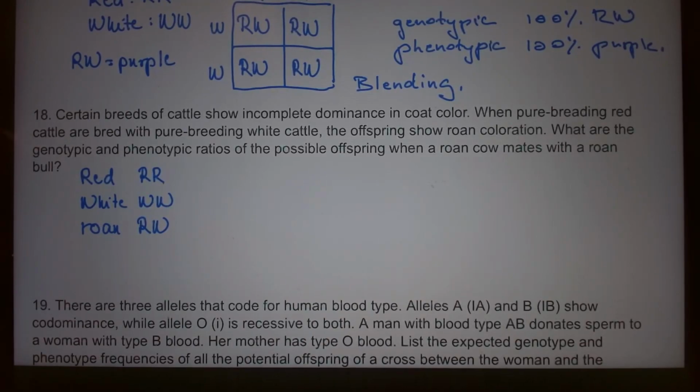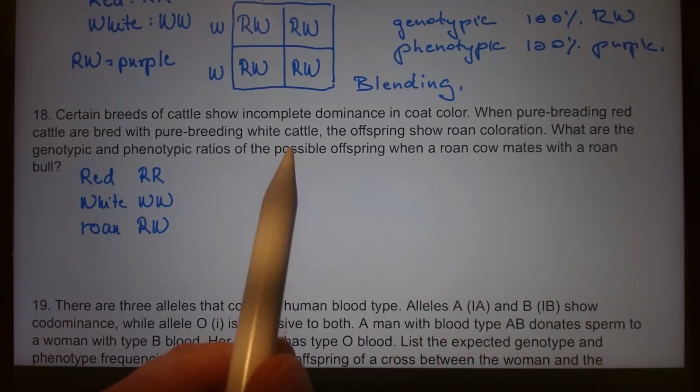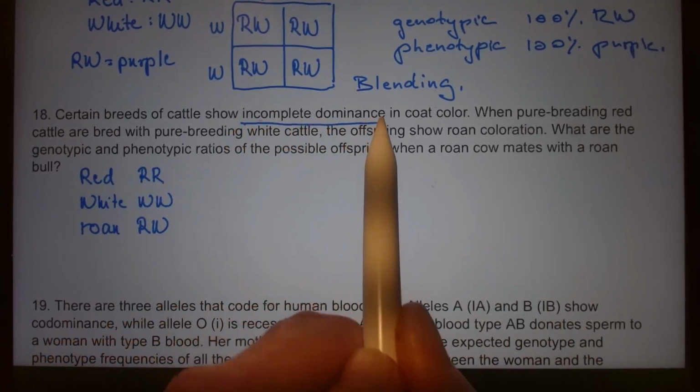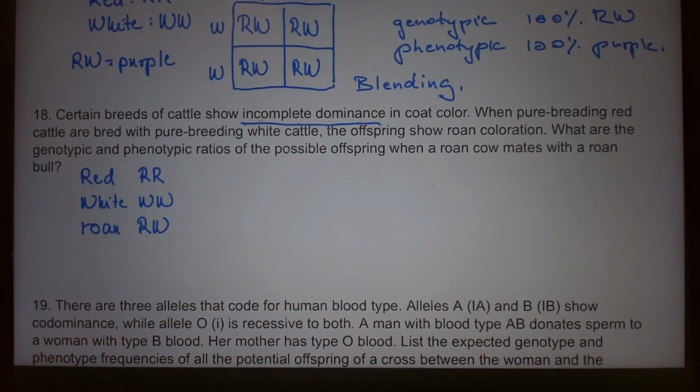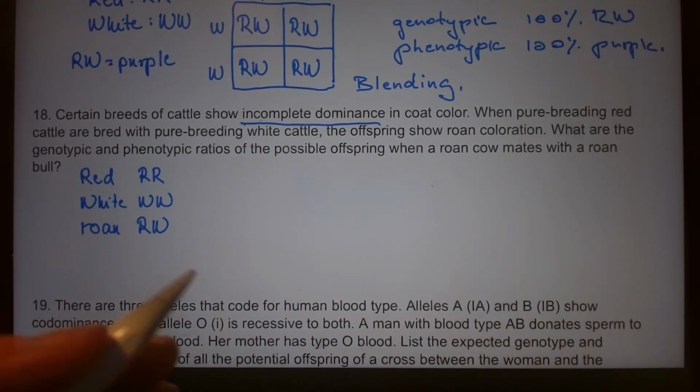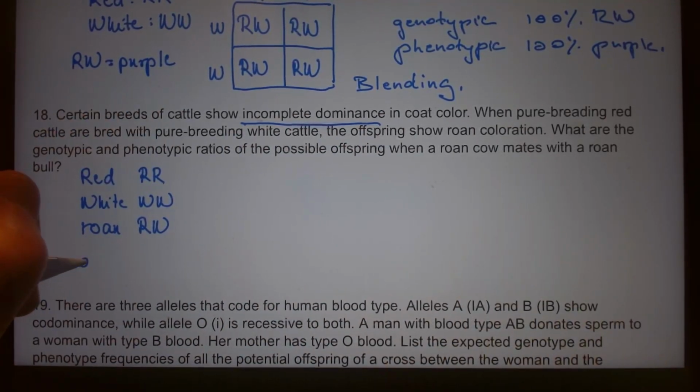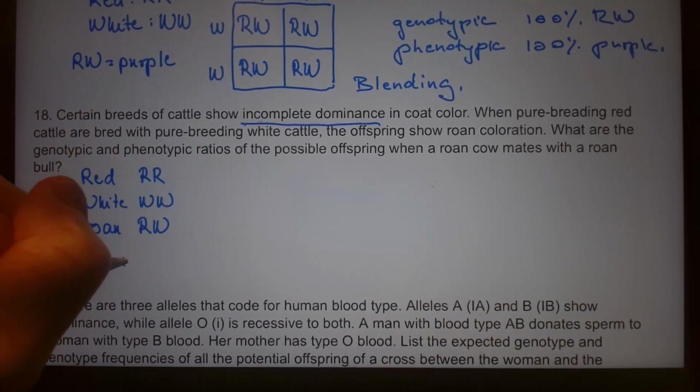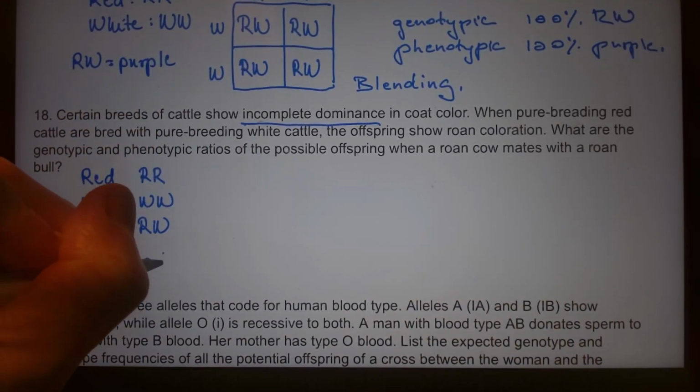Now, unfortunately, for the roan color, even the scientists do not really agree on whether it's following incomplete dominance, like a blend between red and white in the coat color, or whether it can also be codominant inheritance.